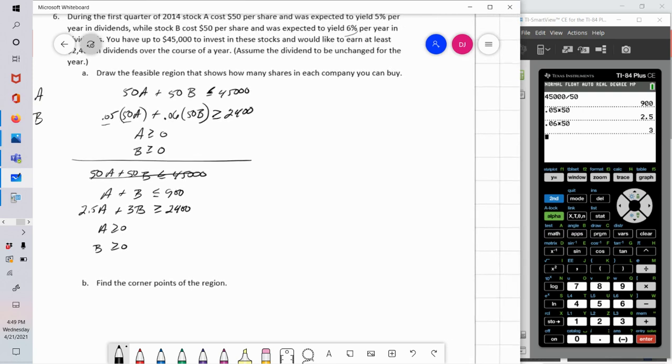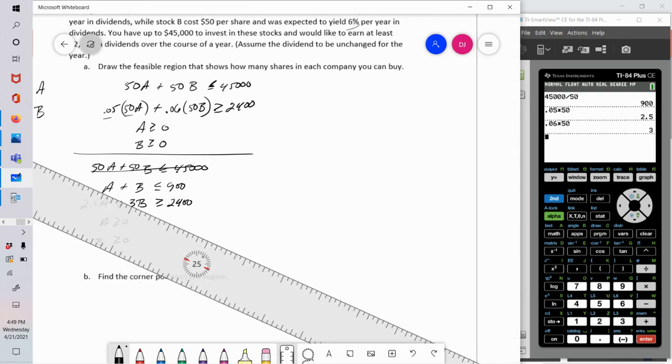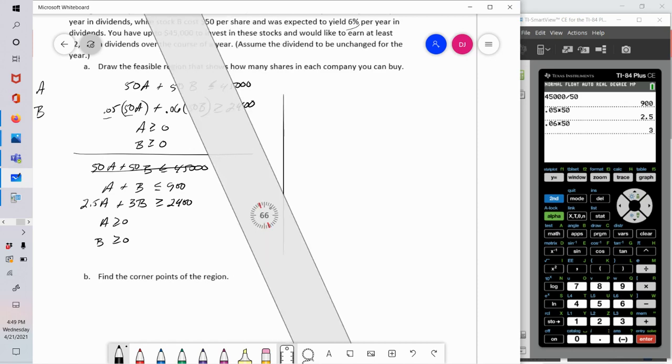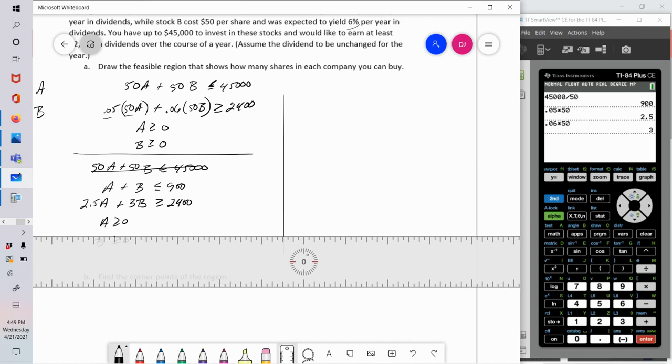Now I'm using A and B as opposed to X and Y, so when I make my axes, what is traditionally my y-axis and what is traditionally my x-axis, I'm going to label those differently.